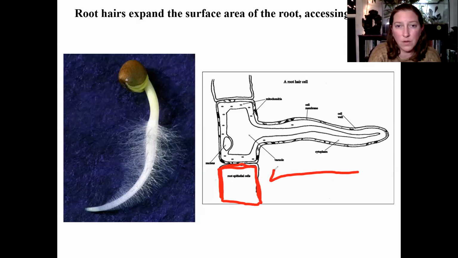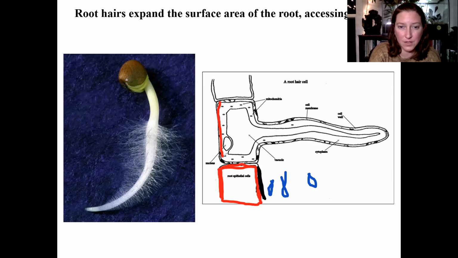Like if here, I'll use a different color. Look, here's water. Here's water. I'm trying to draw drops, right? Unsuccessfully. This is not that much surface area to absorb water. But if you have a root hair, so here's another epidermal cell.